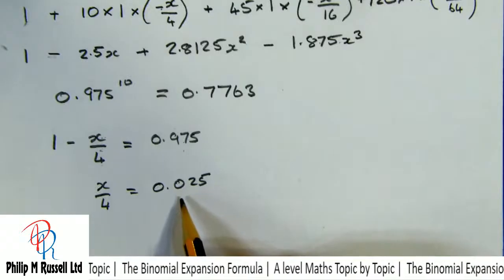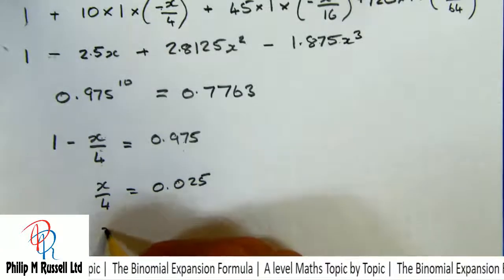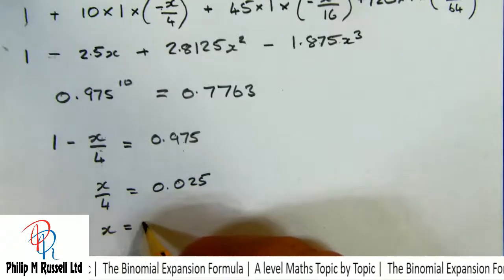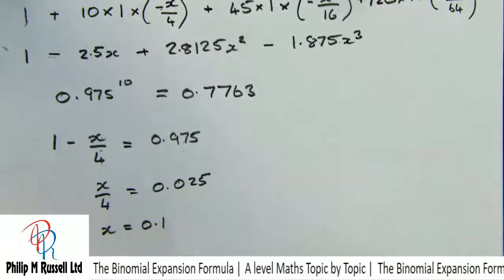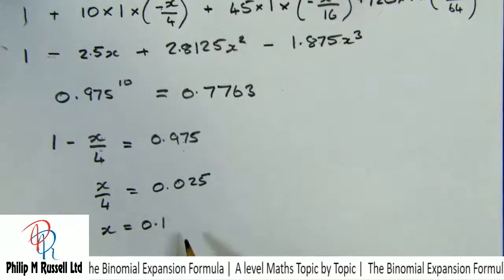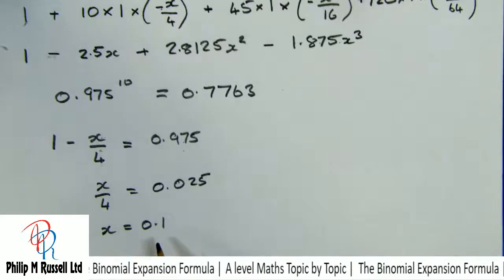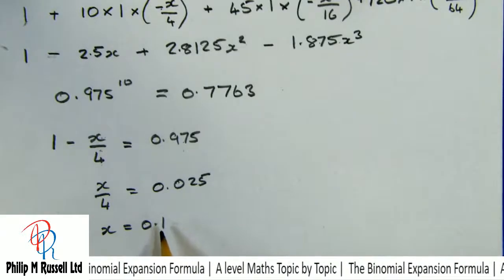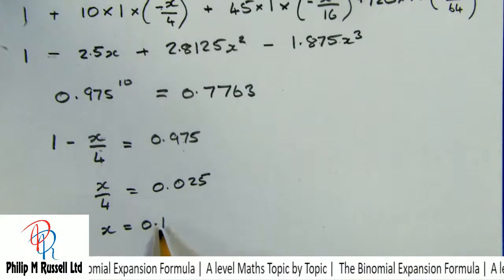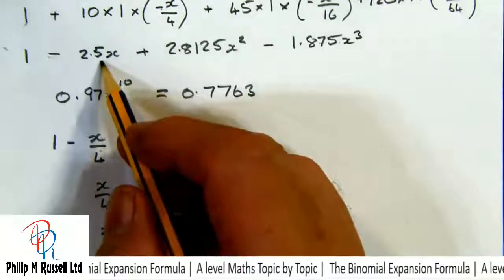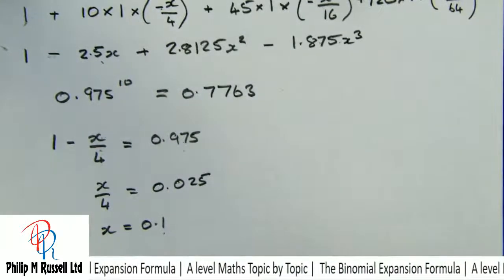Multiply that by 4, and that's going to give me x is going to equal 0.1. So I've now got a value for my x. I can now substitute this back into there.